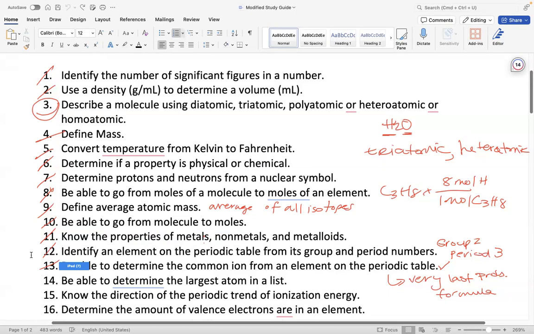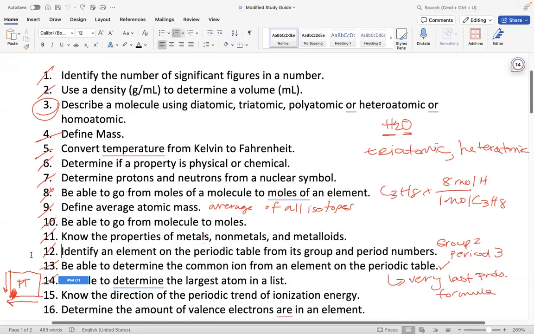Determine the largest atom on a list. So atomic size, remember this is a periodic trend. If this is our periodic table, size increases as we go down and to the left. So if we were to have a list of elements and we're determining which is the largest, we want to find the element that's closest to this bottom left corner.